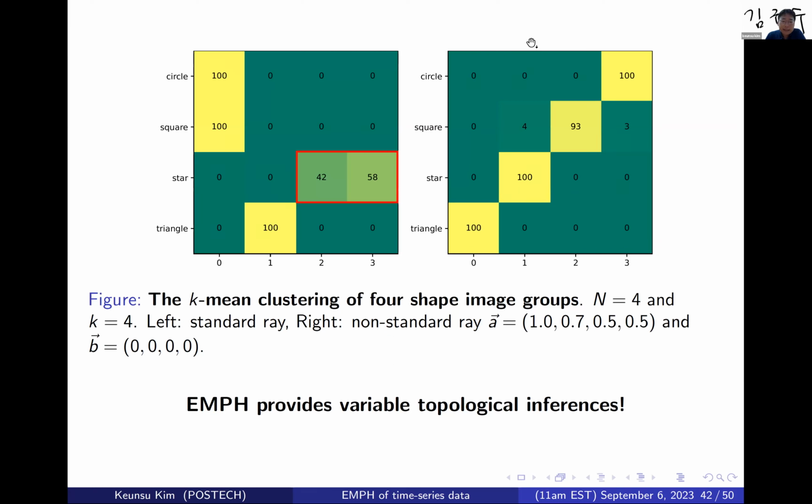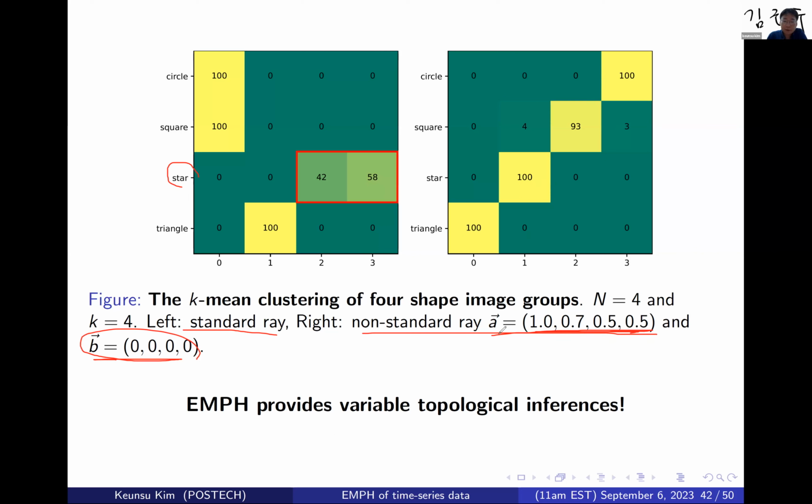In one case we choose a diagonal ray in multi-parameter space, and in the other we choose another ray given by this direction vector, and the endpoint is like this. When we choose a diagonal ray, star splits into two subclasses. And the other case is typical, the result we expected.